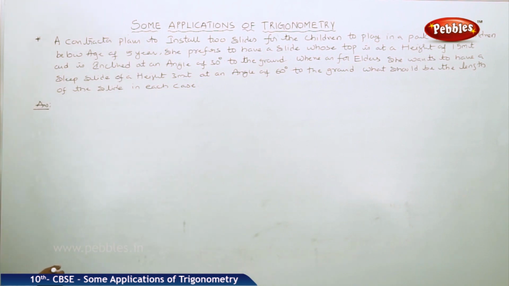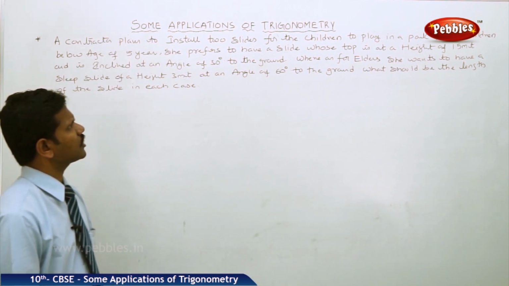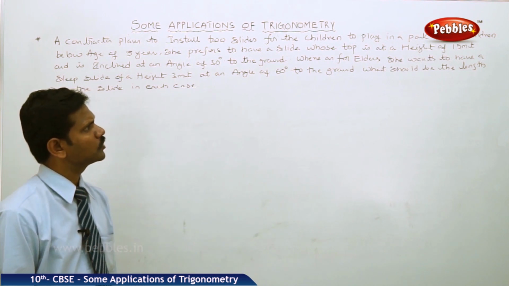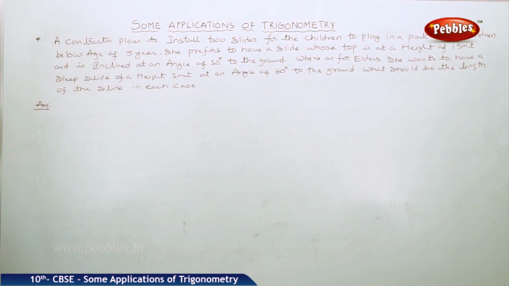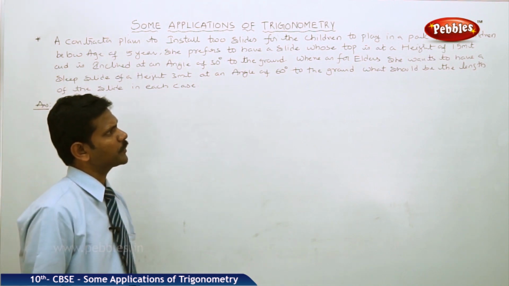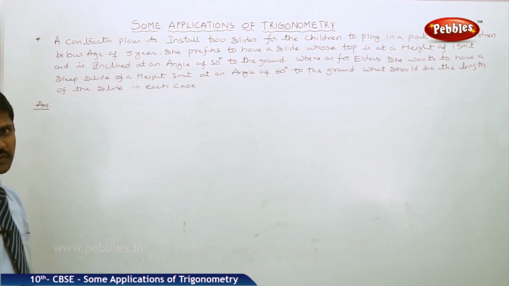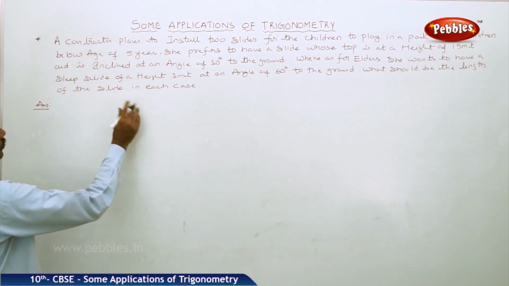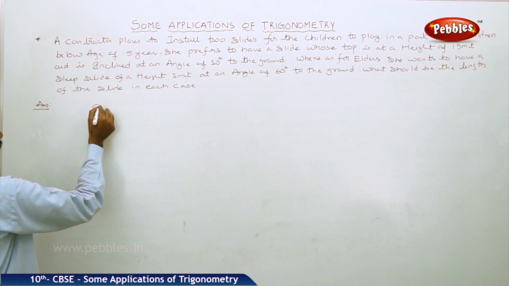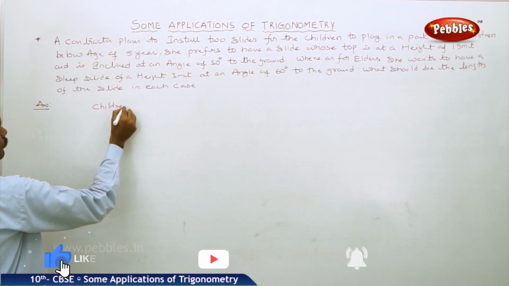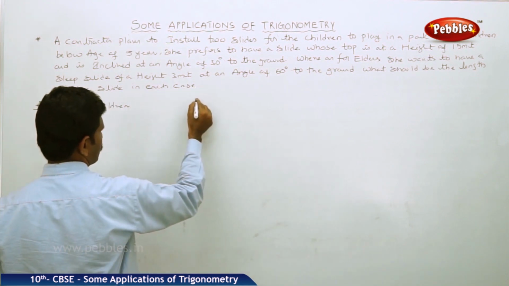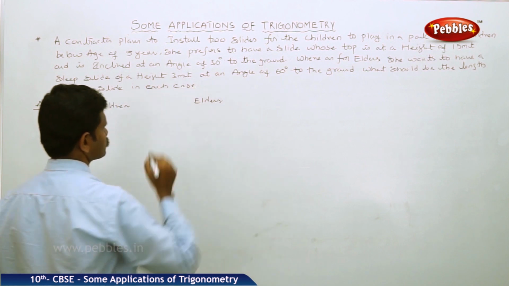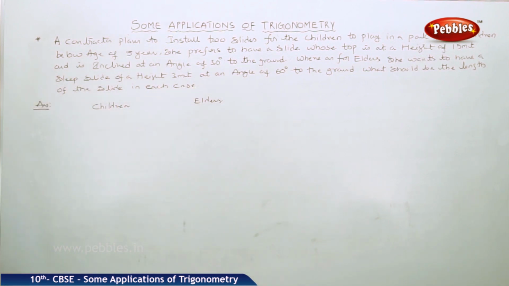That is, a contractor plans to install two slides for the children to play in a park. For the children below the age of 5 years, she prefers to have a slide whose top is at a height of 1.5 meters. Now, here two options are there.